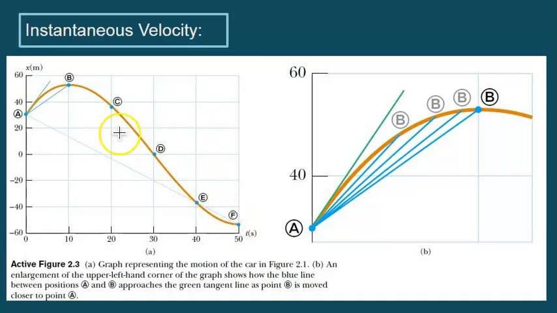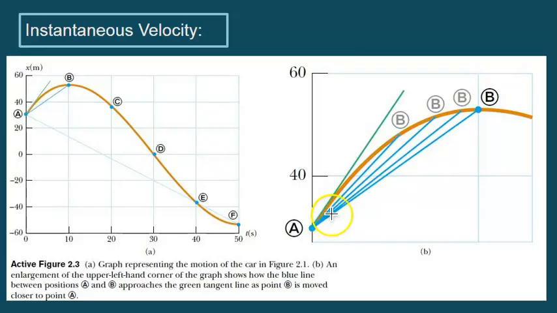and if we want to find the speed at A, what we can do is take the average speed from A to B, the slope of the secant line, and then imagine moving B a little bit closer, and take the slope over a smaller time interval. Move B just a little bit closer, and take the average slope over an even tinier interval.